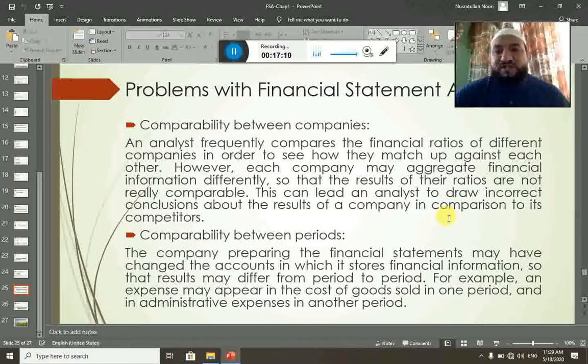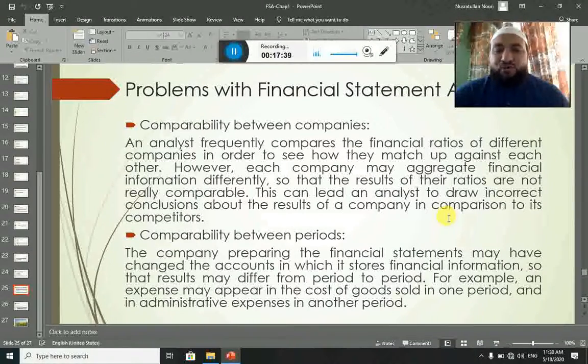Problems with financial statements analysis, like limitations of financial statements analysis. You know, everything has a good aspect and a bad aspect as well. What is the purpose of discussing the limitations of financial statements analysis? The purpose is that we don't have to rely totally on the results of the financial analysis, right?